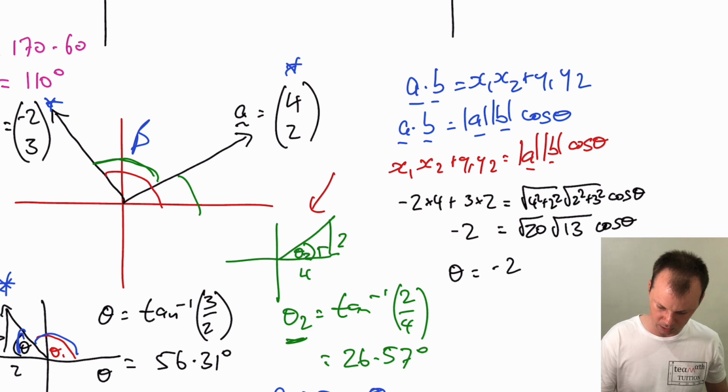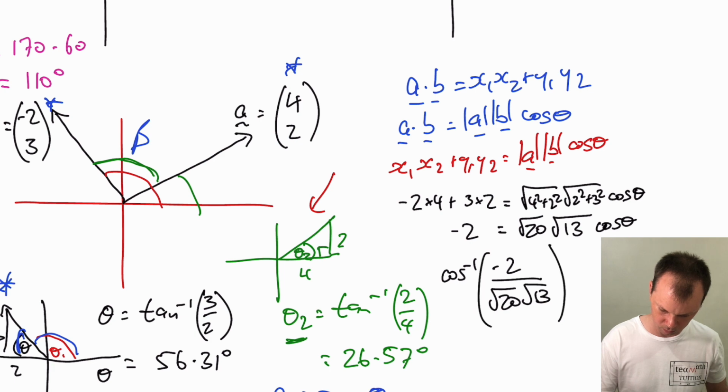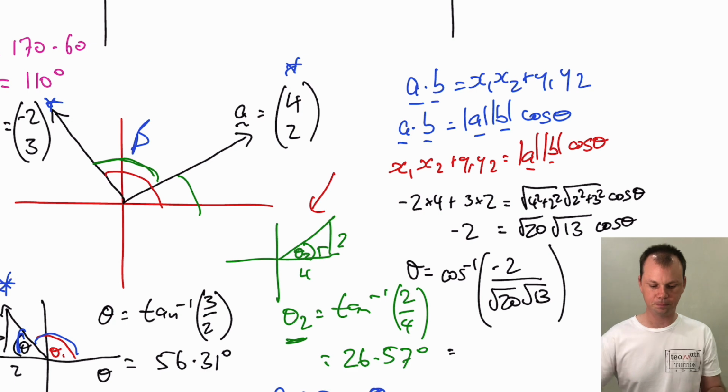So theta is going to be the inverse cosine of that, so that's my theta, and I can work it out.